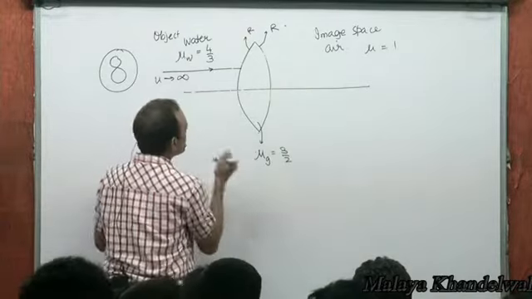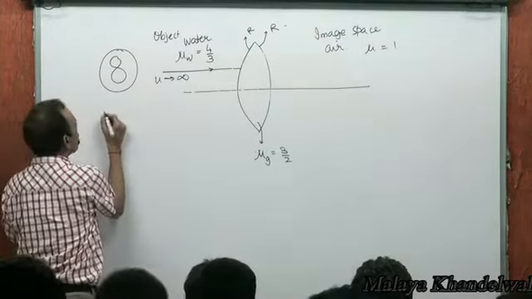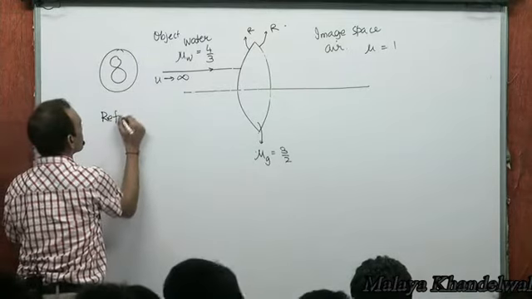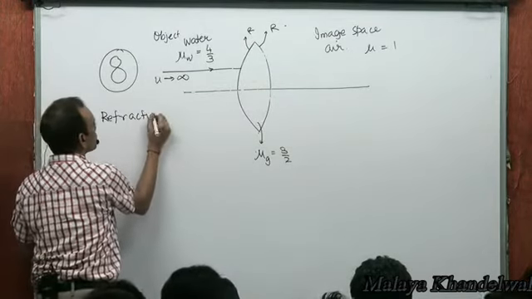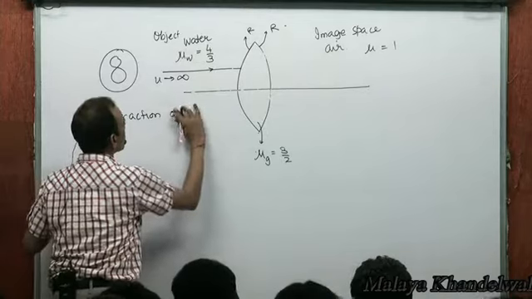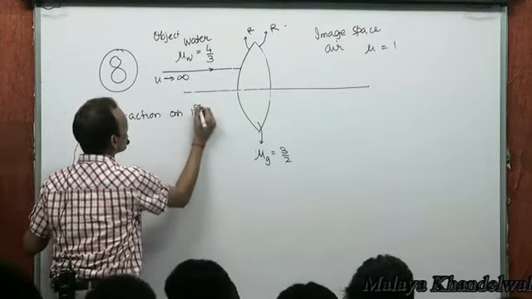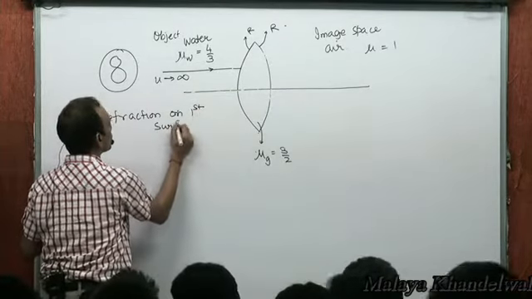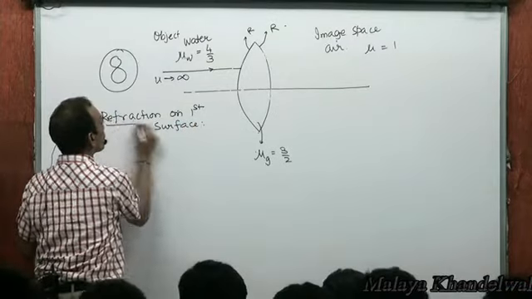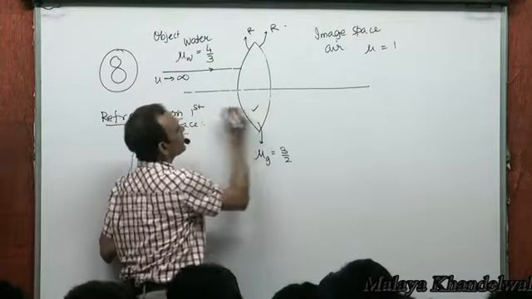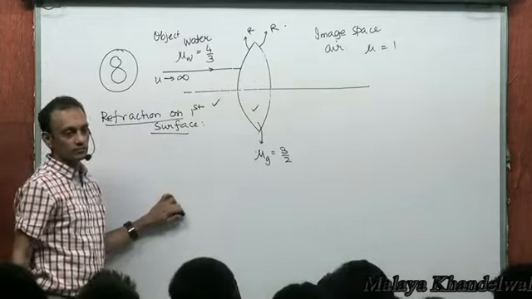So, let's say refraction on the first surface. This will be the image space and this will be the object space.